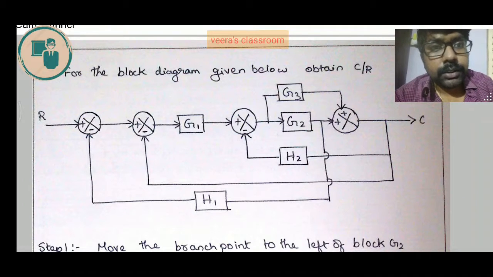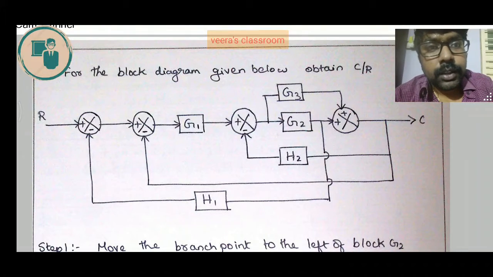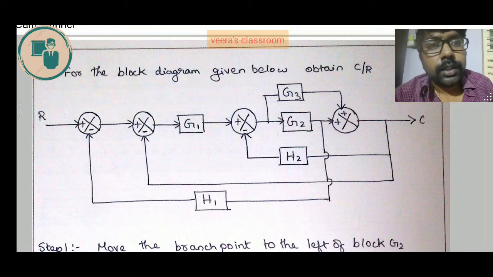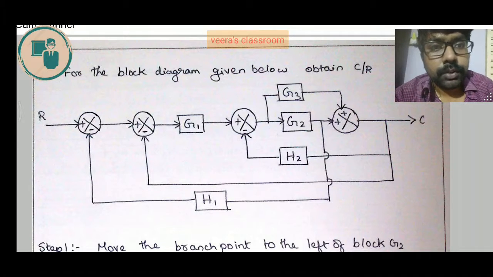What can be done is, the branch point that is between the summing point and G2 can be moved to the right of G2, or else the branch point that is between G2 and the summing point can be moved to the left of G2. We have two branch points near G2.